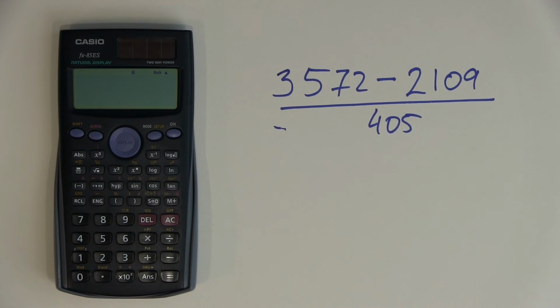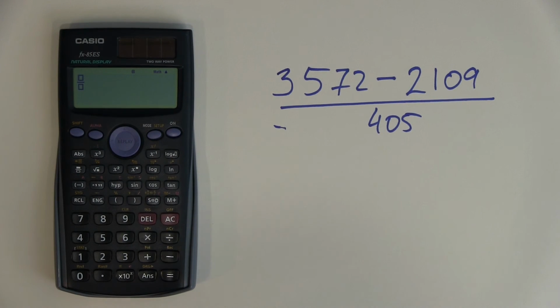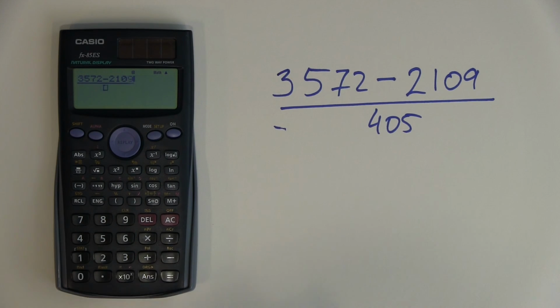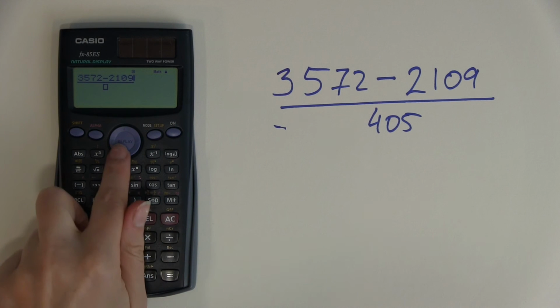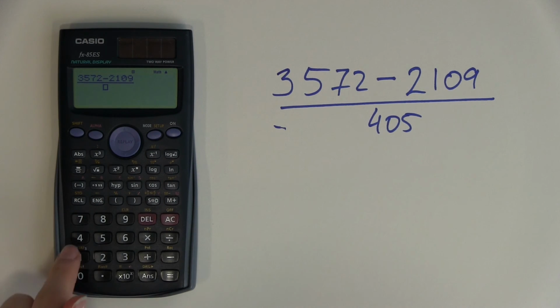This is a fraction, so I need to press the fraction button first. And then into the top of the fraction, I can type in the subtraction. So 3,572 take away 2,109. And now I need to come down to the denominator and type in 405.